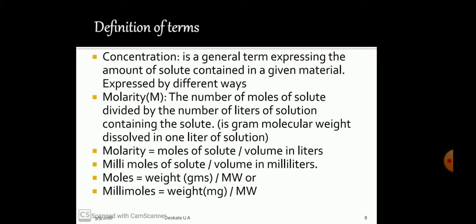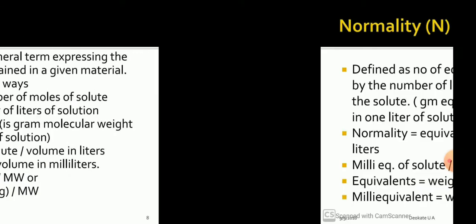Molarity is equal to moles of solute per volume in liters, or millimoles of solute per volume in milliliters. Moles is equal to weight in grams divided by molecular weight. Millimoles is equal to weight in milligrams divided by molecular weight.